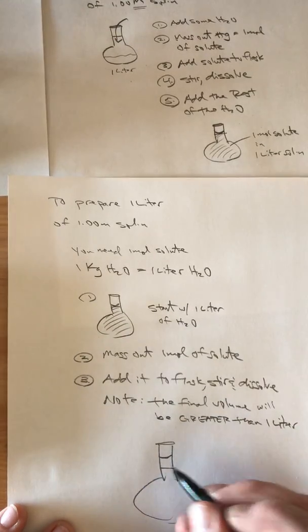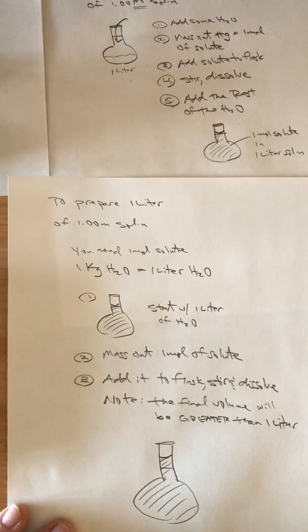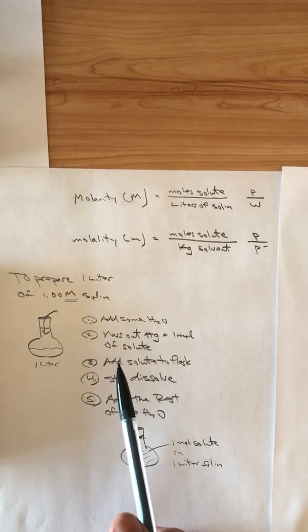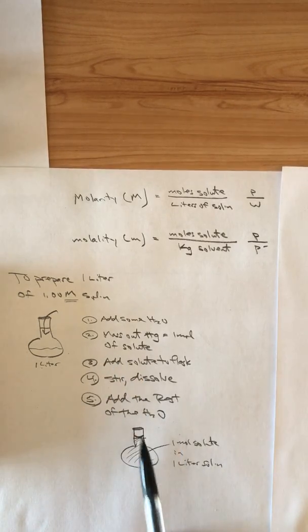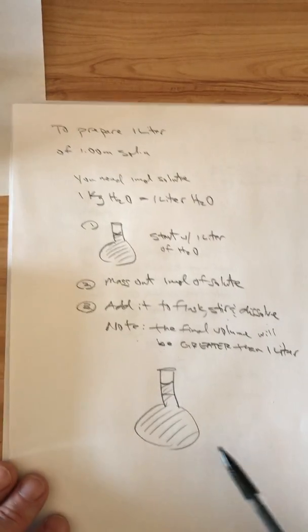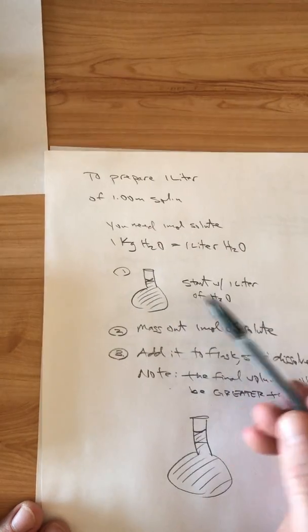You might be up here now. So you've got more than 1 liter of solution, even though it contains a kilogram of water. So they're similar, but not the same. So you've got molar, total volume 1 liter. Molal, well, you'd prepare more than 1 liter of solution because you started with a liter of water, which is a kilogram of water.